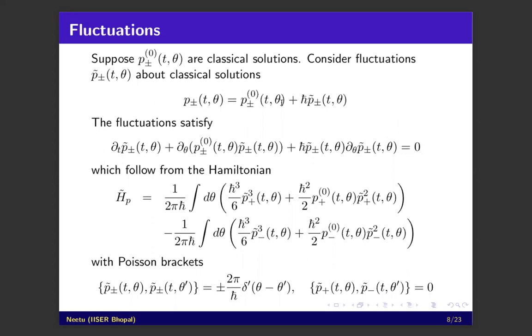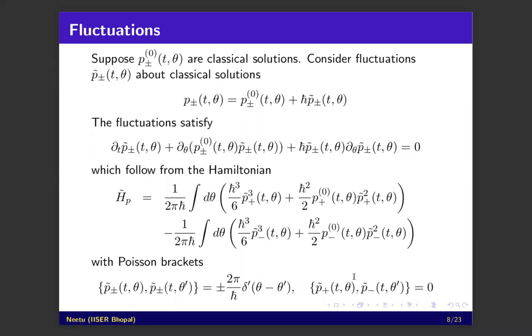So we decompose our p plus and p minus into this classical solution plus a fluctuation part. Then these fluctuations satisfy these particular equations of motion. These equations of motion we can again get as Hamilton's equations from this Hamiltonian, with these Poisson brackets.